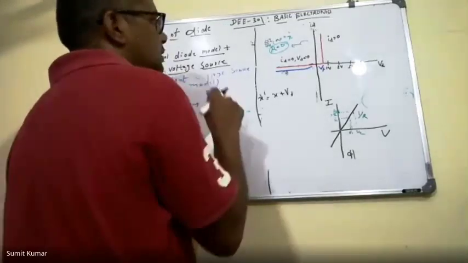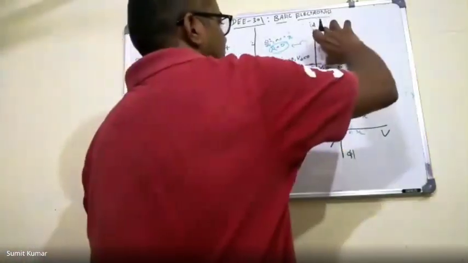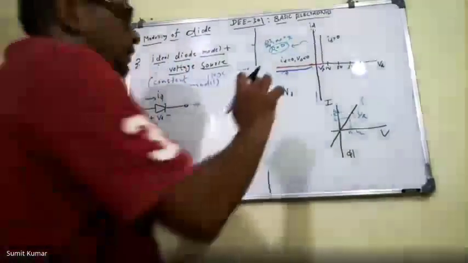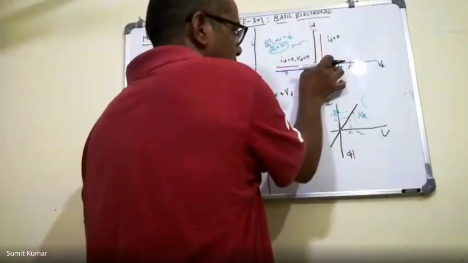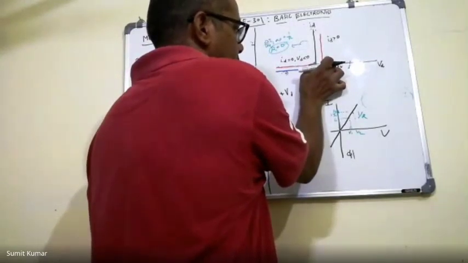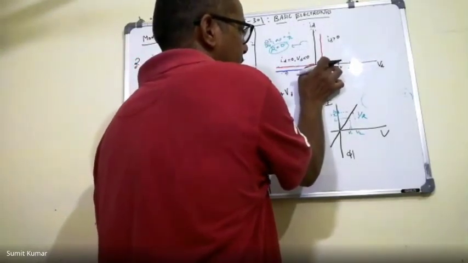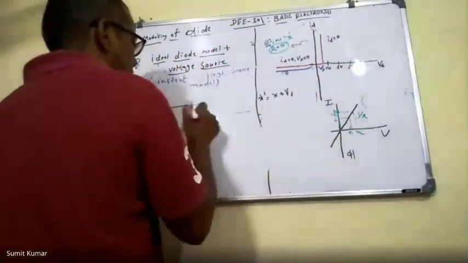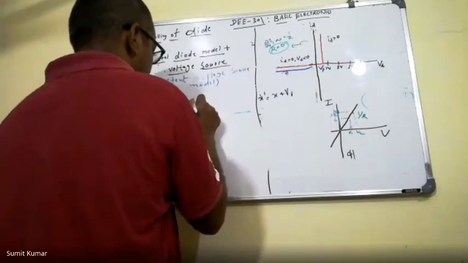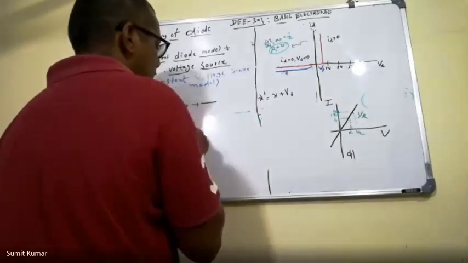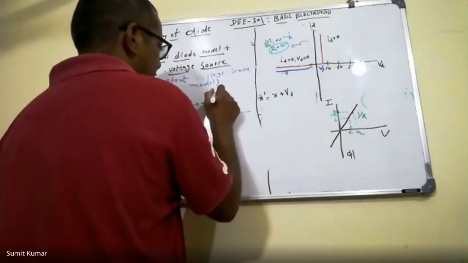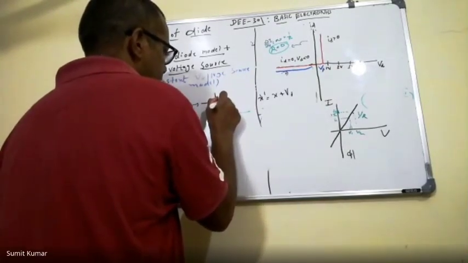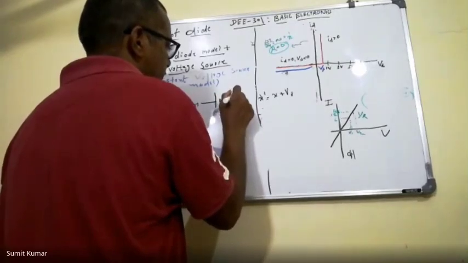We can again model this. So for this line, the diode is on, but this line is VF ahead of the previous one. So in this modeling, I represent this voltage VF plus a diode.